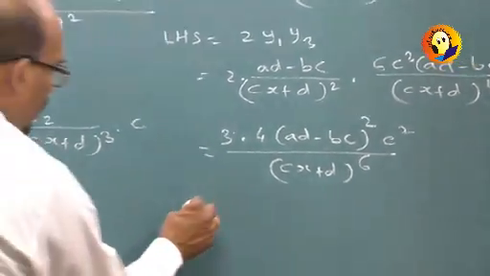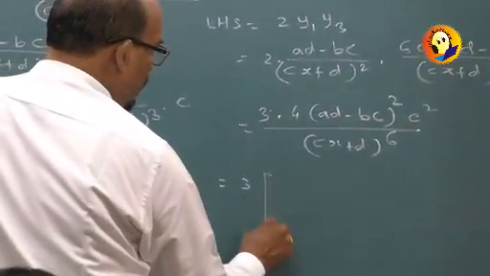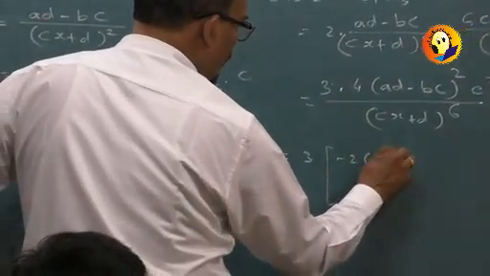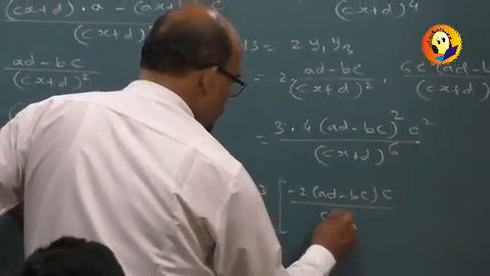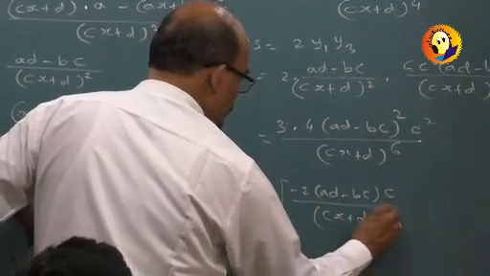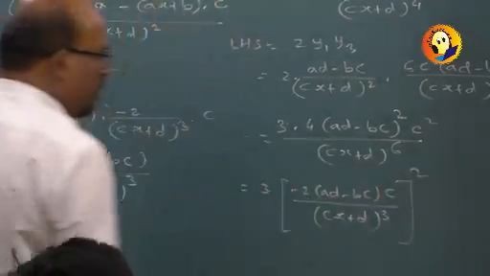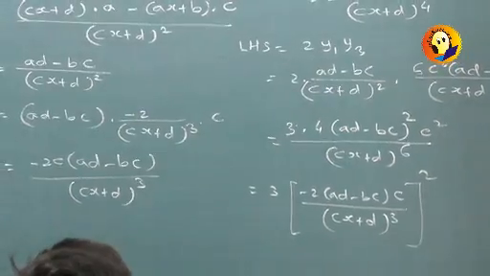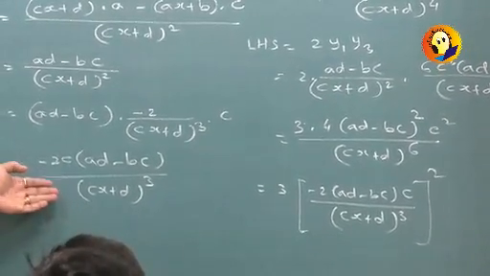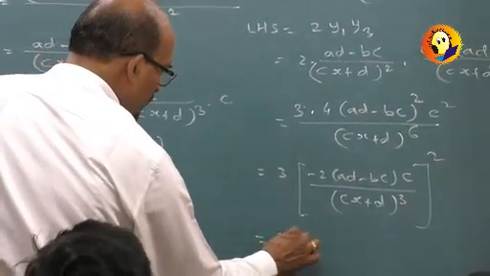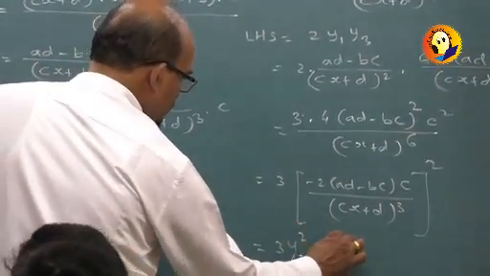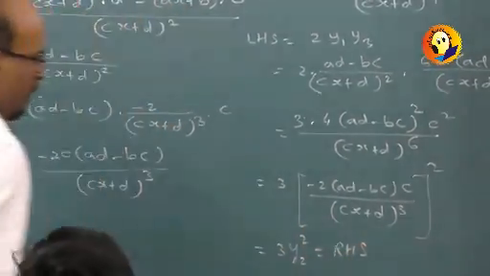So this can now be written as 3 times (minus 2 into (ad minus bc) into c upon (cx plus d) squared) whole squared, because we have already calculated y2, and then this will be simply 3y2 square, which is RHS.